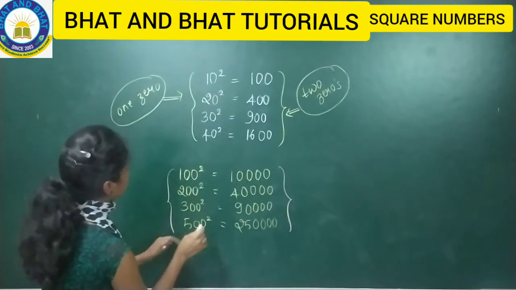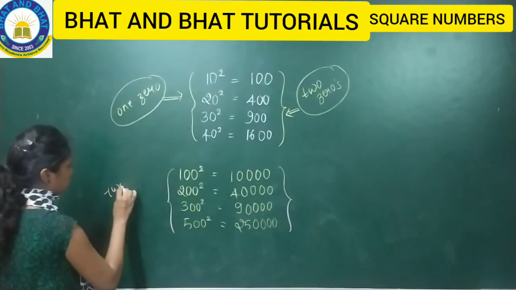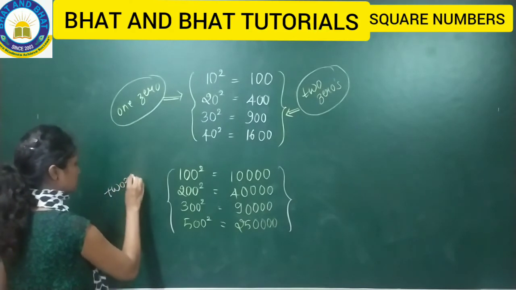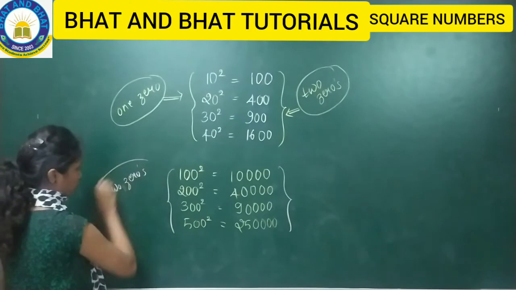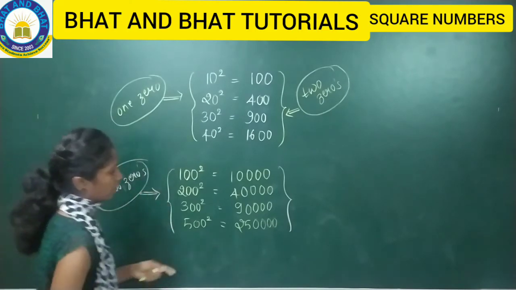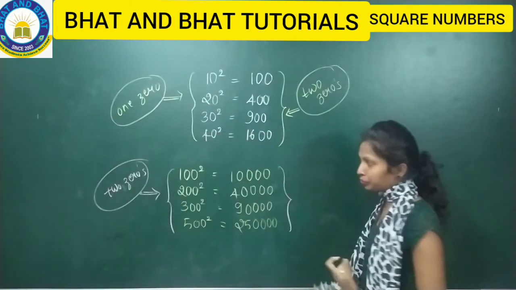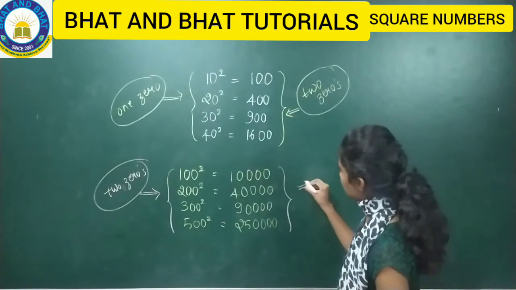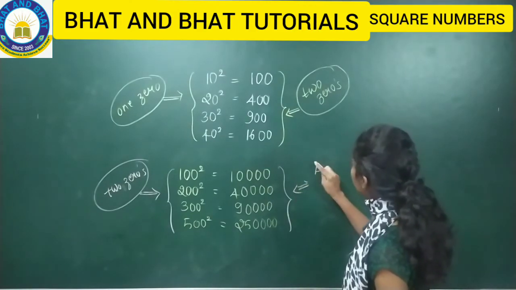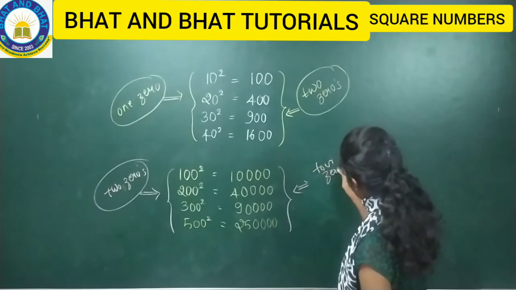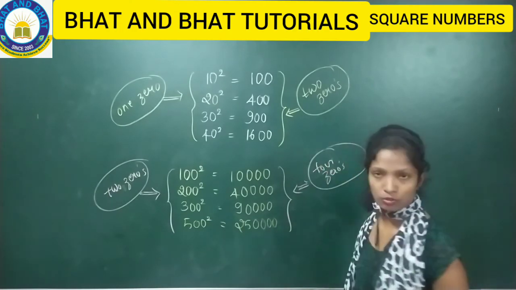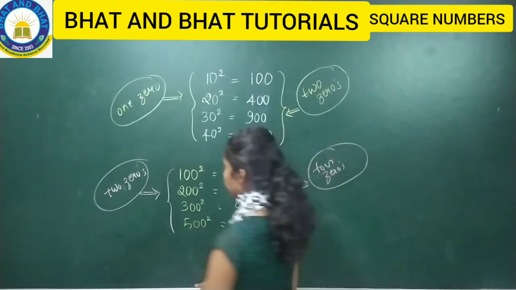So here how many zeros do you have? You have 2 zeros here. Correct. So when you do these squares, how many zeros will you get? You will get 4 zeros. This is how you will be doing.